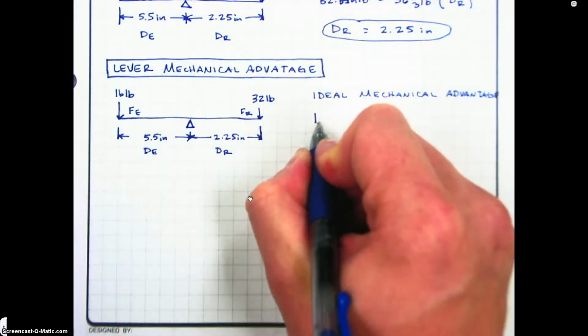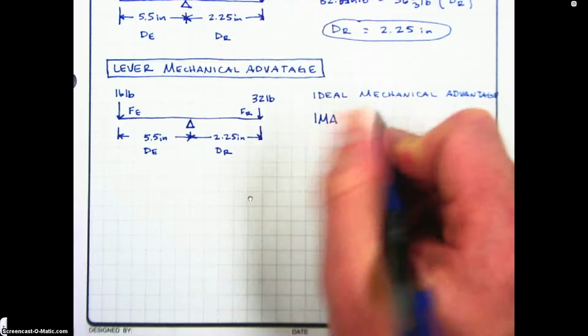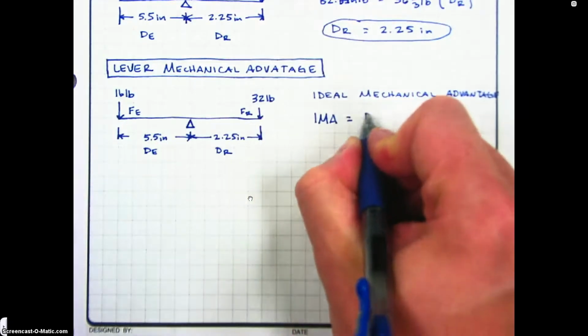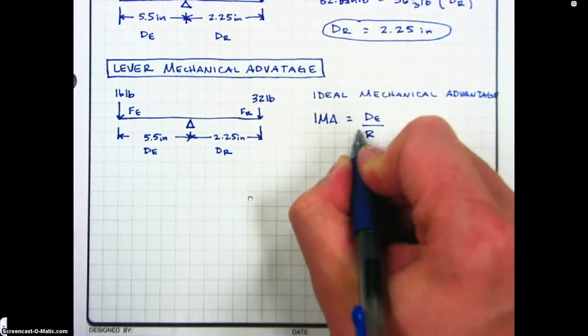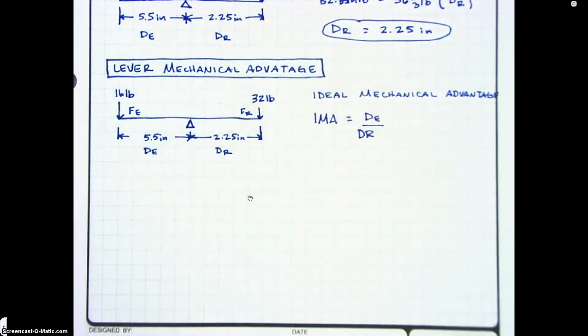And so ideal mechanical advantage is equal to the distance of the effort divided by the distance to the resistance.